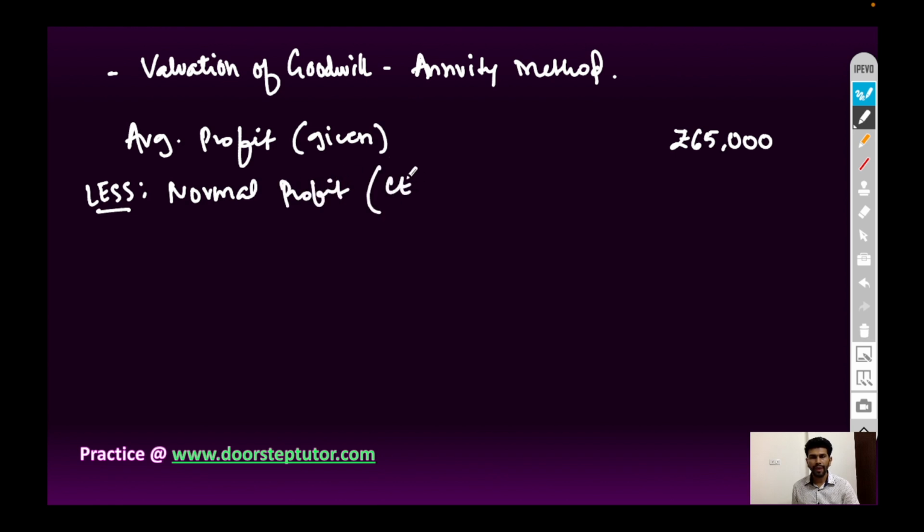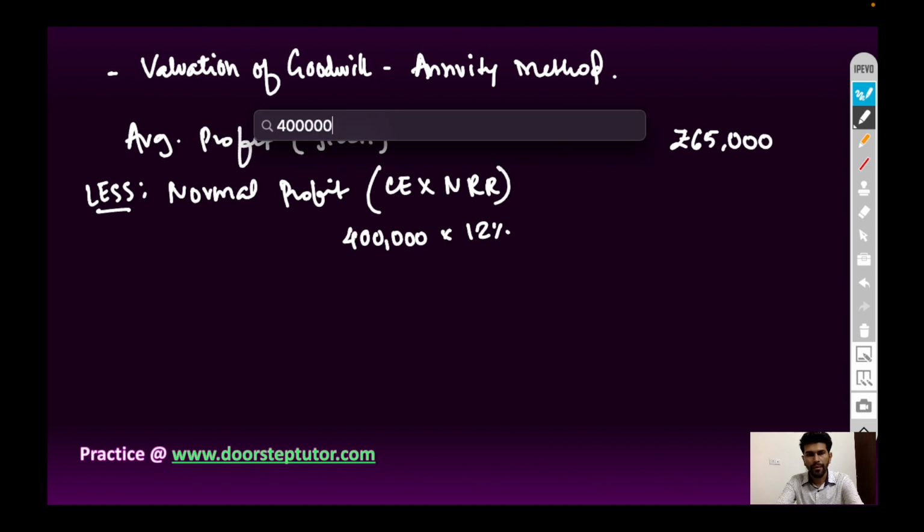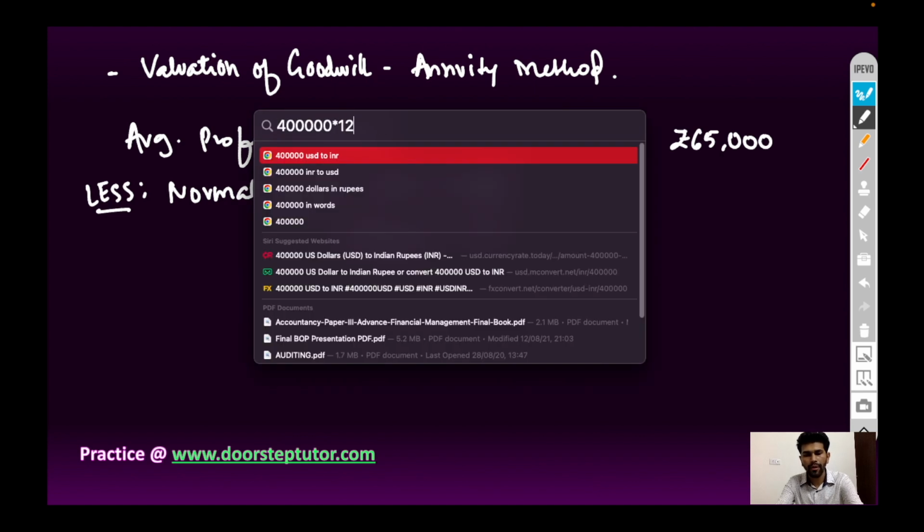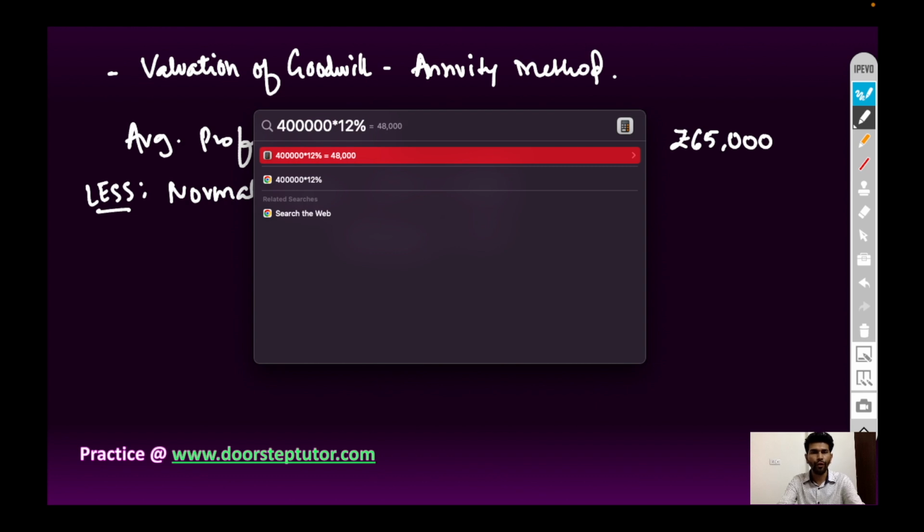The formula is capital employed multiplied by normal rate of return. Capital employed is 4 lakh multiplied by normal rate of return 12%. 4 lakh into 12%, 48,000 rupees.